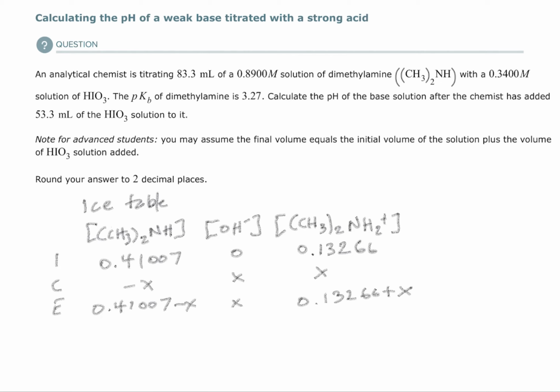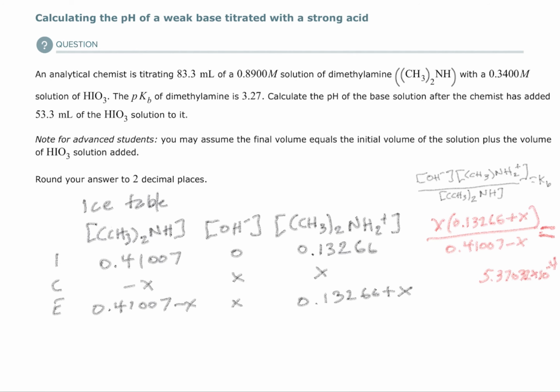Now you see I'm trying to find X because X is my hydroxide, and that's what I'm going to need in order to find the pH. So I plugged in all the numbers, and it looks terribly ugly. I would hate to do this as an algebra problem and then put it into the K sub B.